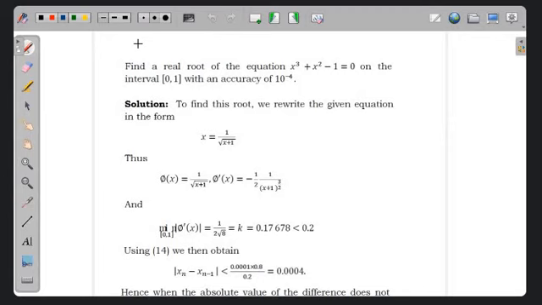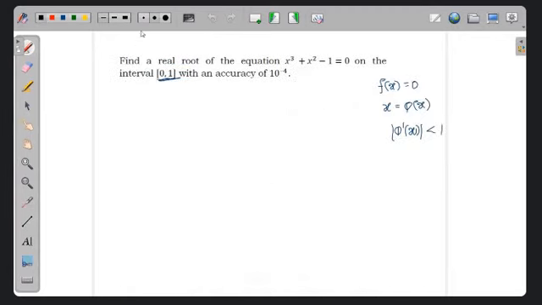Now let us see how to do it. Given this, you can actually have two choices. We have x square plus x cube minus 1 equal to 0. We can write it like x cube equal to 1 minus x square.